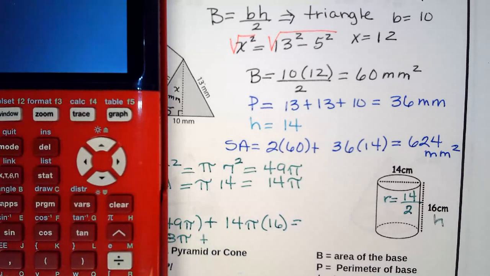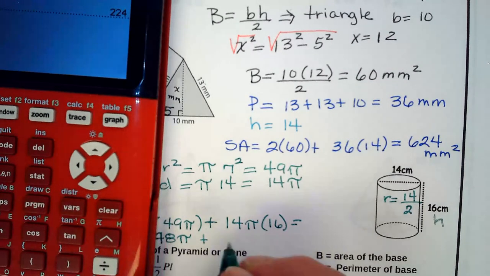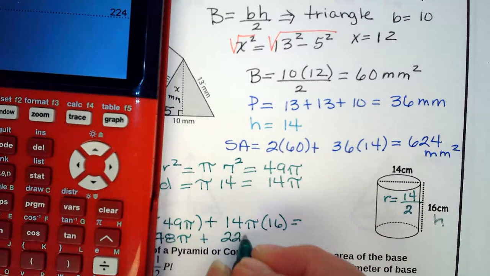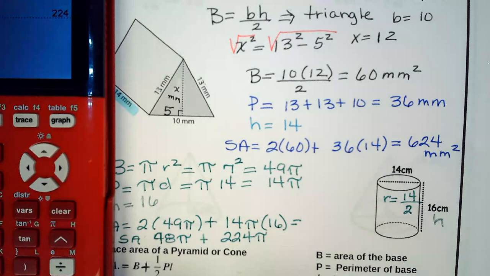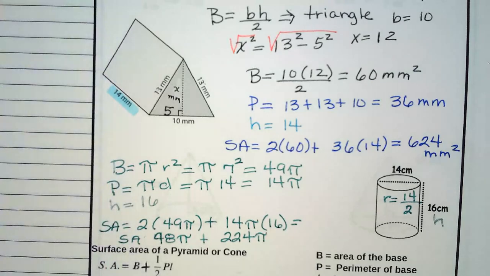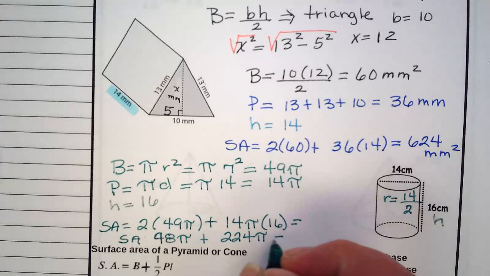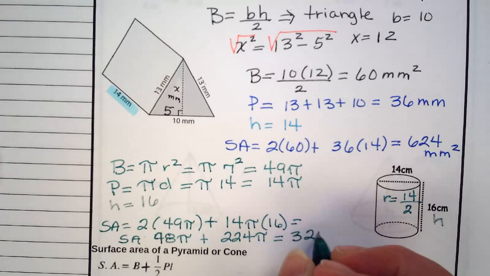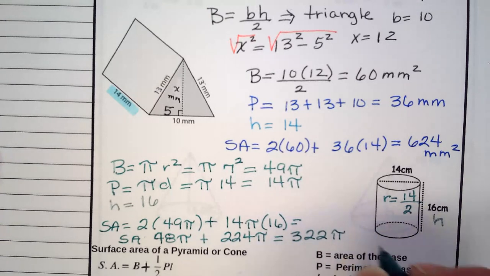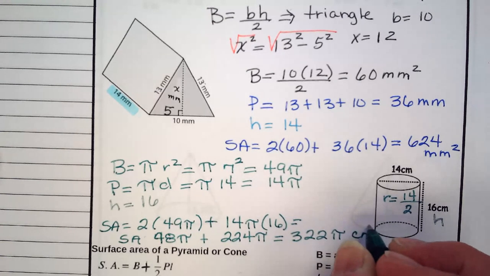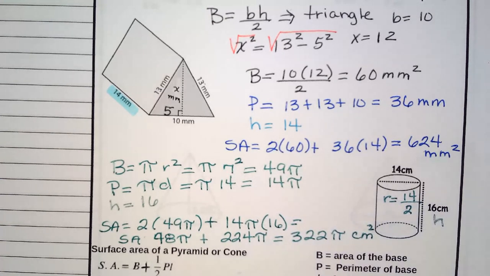I'm not going to do that one in my head. 224 pi, and 98 plus 224, and you end up with 322 pi, and that would be centimeters squared. Remember, you always have to add your units.